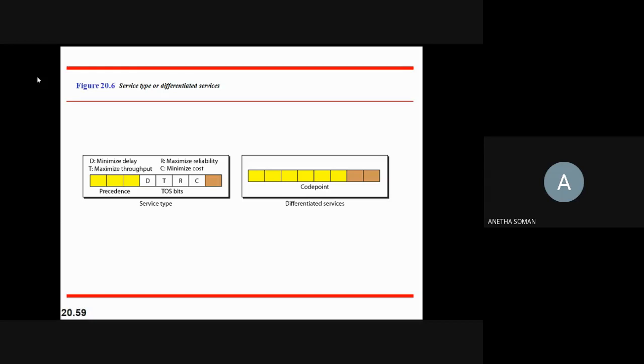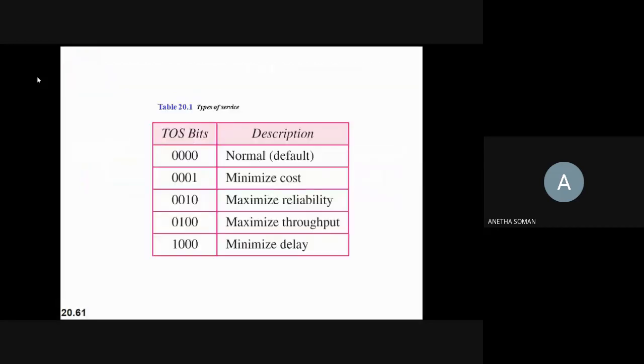The next bits are called the TOS bits. They represent the requirements of the IP datagram. Some packets will require low delay, some will require maximum throughput, minimum cost, or maximum reliability. All these are represented in the TOS field. You can see the TOS bits here; it is a 4-bit field, so you can have various values.